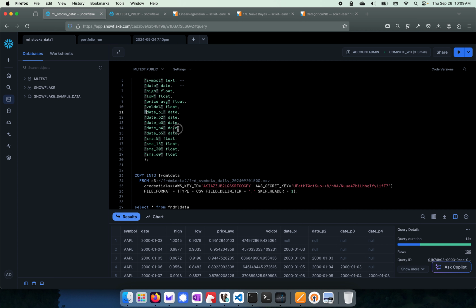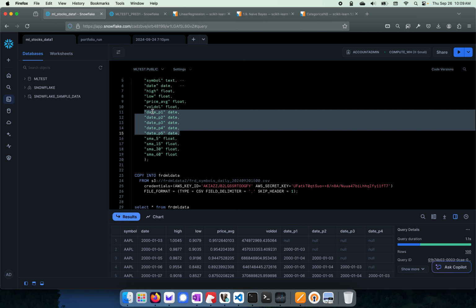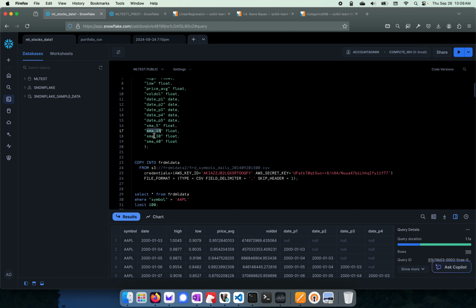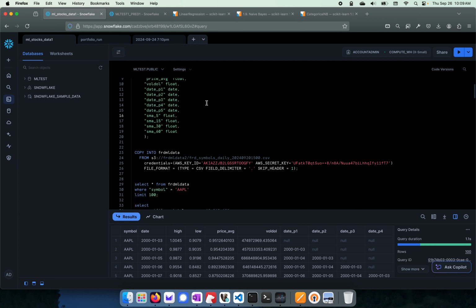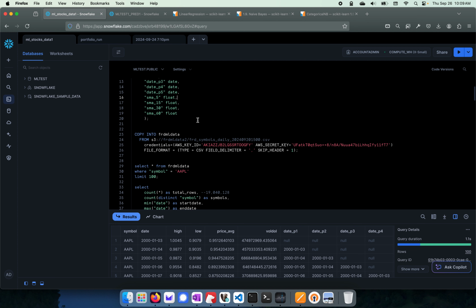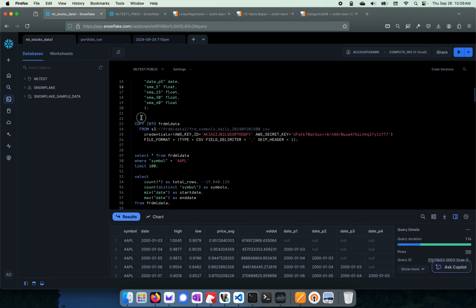And I have some previous days, which are just lagging days. This will help us join the data later. And I had already pre-calculated some simple moving averages that we'll be using for our model. So this is a very simple approach, and it's worth exploring as a good starting place.